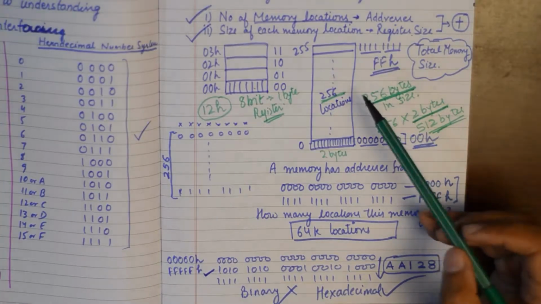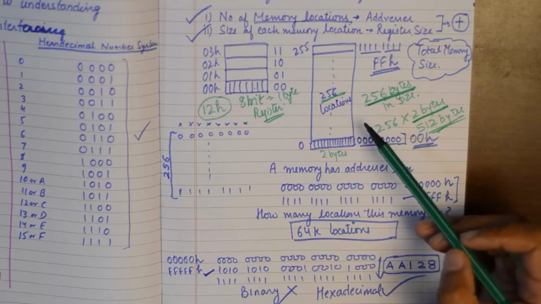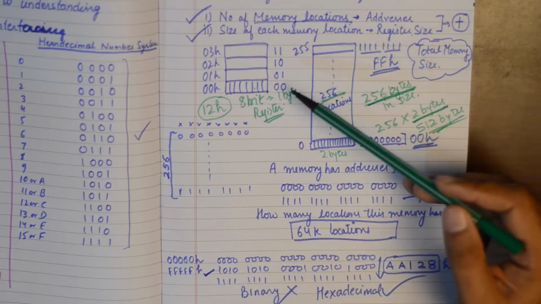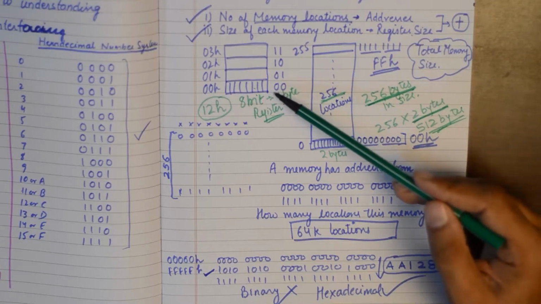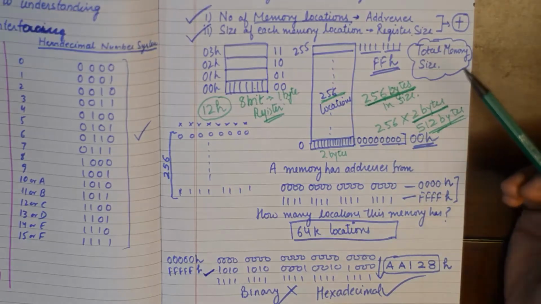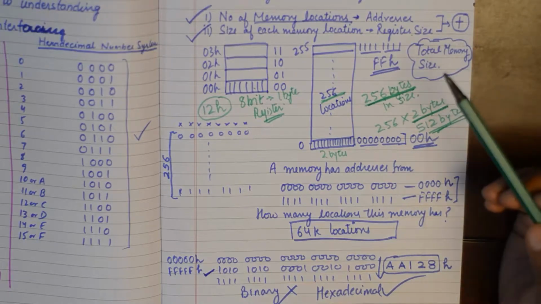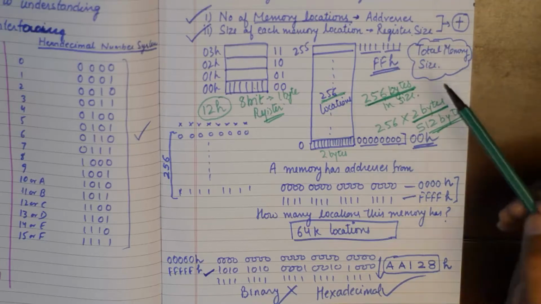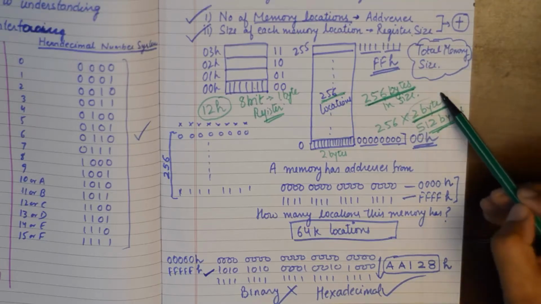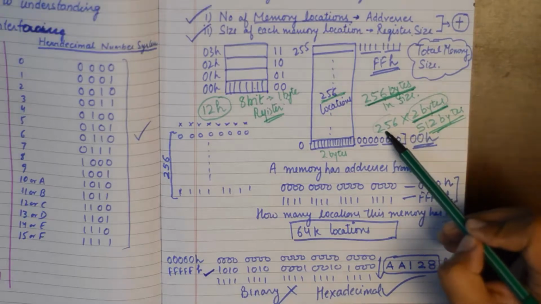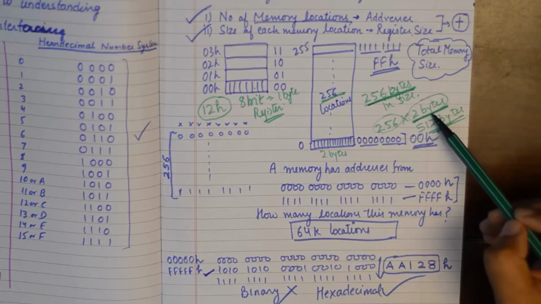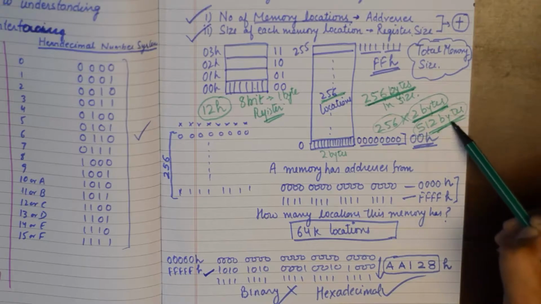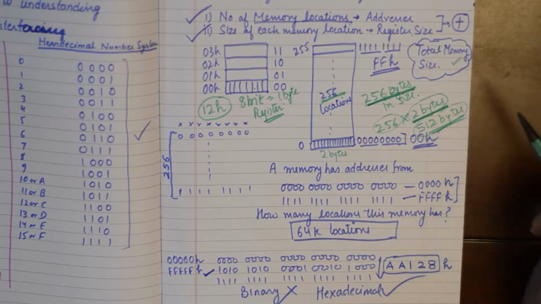For each memory location, the register size can be either 1 byte, 2 byte, 4 byte or 8 byte. Depending upon what the register size is, we can simply multiply that register size with the number of memory locations to get the total memory size.